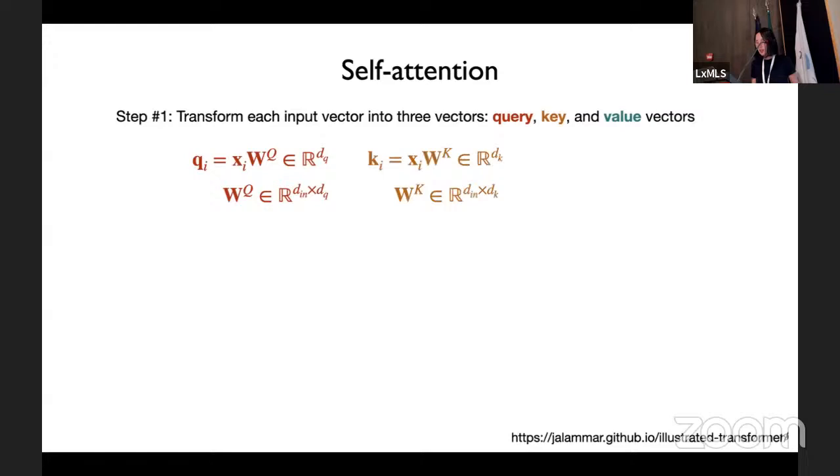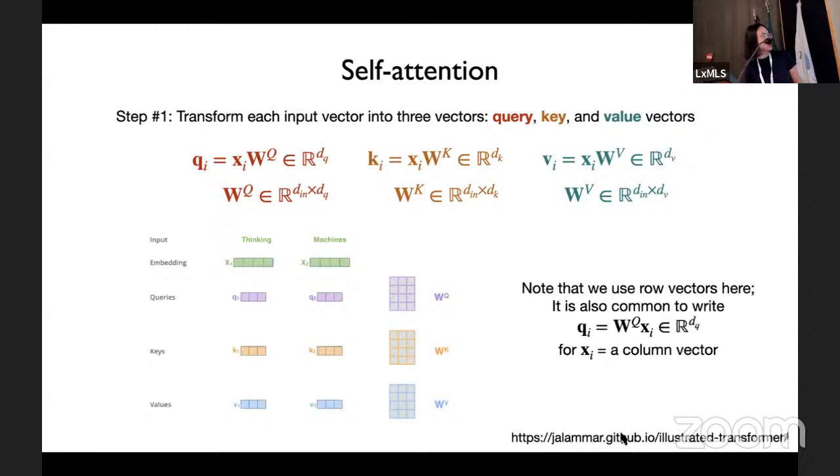Similarly, you can get the key vectors and the value vectors by multiplying by different weight matrices, WK and WV. You have three sets of weight matrices, and you get three different sets of vectors, Qi, Ki, and Vi, for query, key, and value.